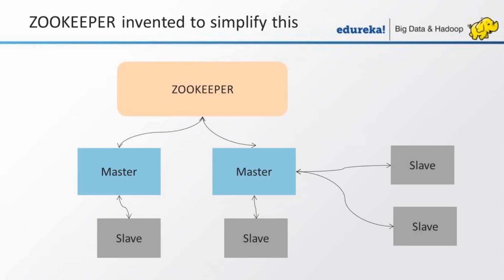ZooKeeper, as I told, was invented to simplify this. Take the HBase master, and the slaves are nothing but your region servers. You have multiple masters also. One of the masters is active at one point of time.